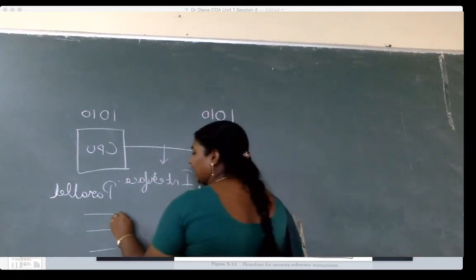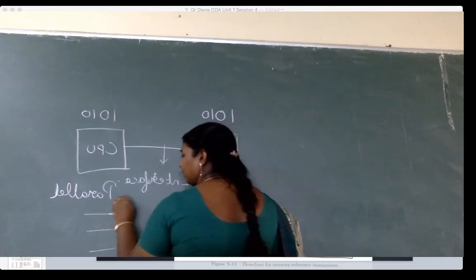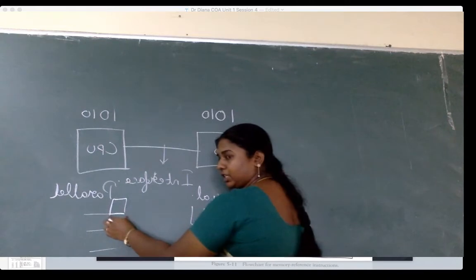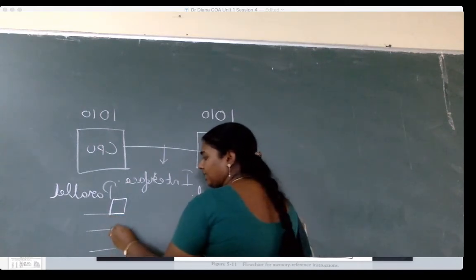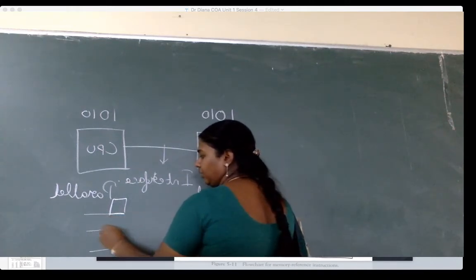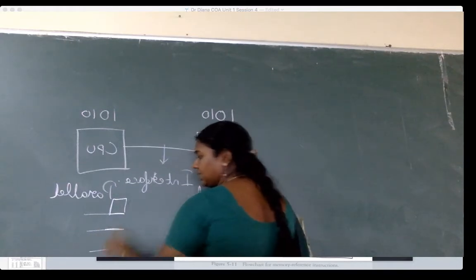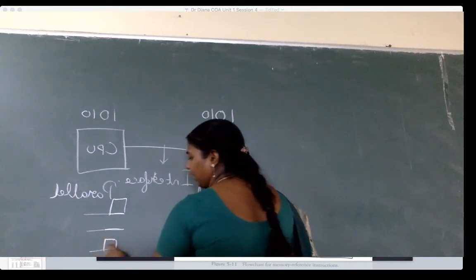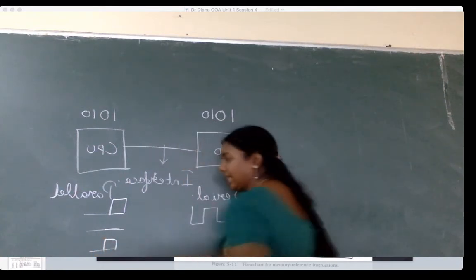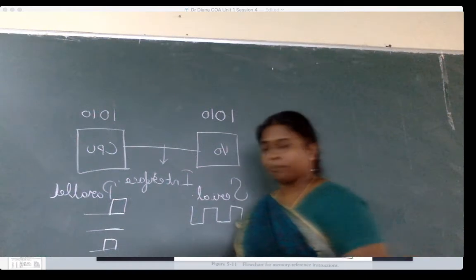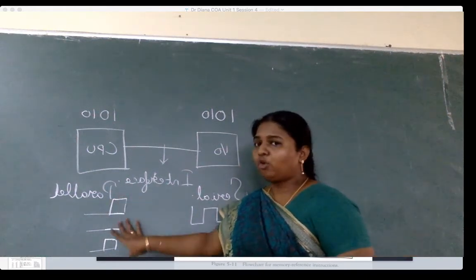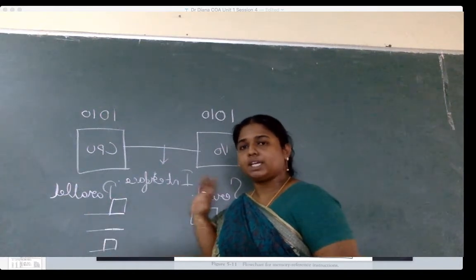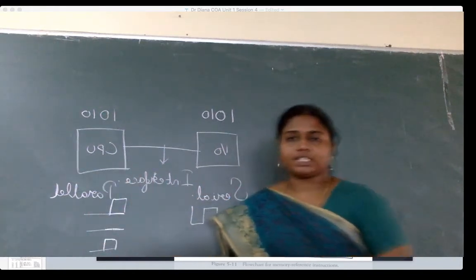The first line sends a value of 1 at the first clock pulse, the second sends 0, the third wire carries a value 1 and the fourth wire carries a value 0. So all 4 bits are transmitted parallelly in one clock pulse in a parallel communication device.